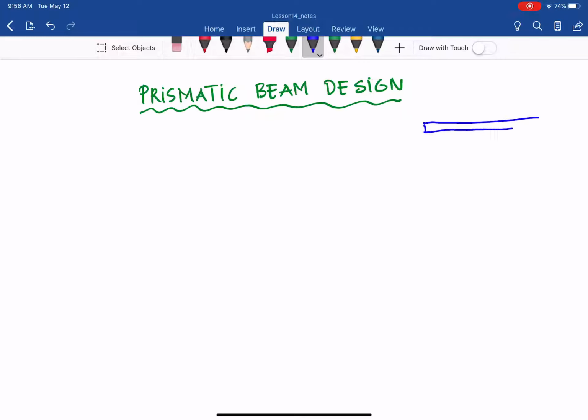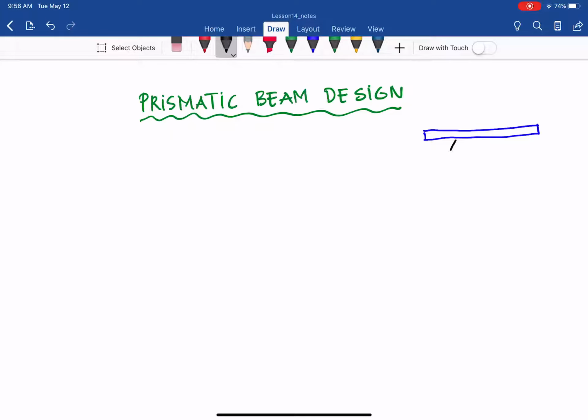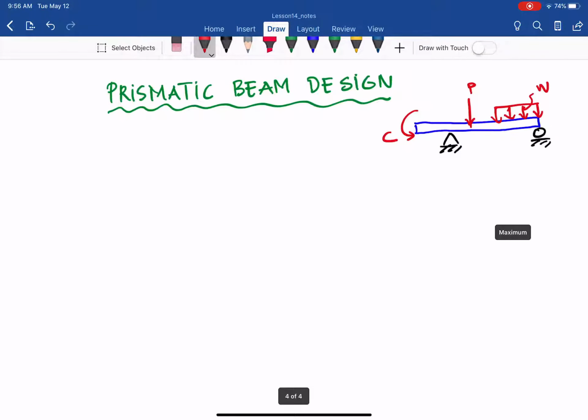We have a beam with a pin and a roller, and then we have loads applied: a distributed load W, a point load P, a couple moment, etc. They will create the internal bending moment and the shear force along the beam.